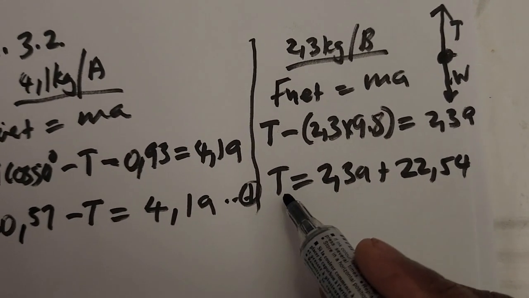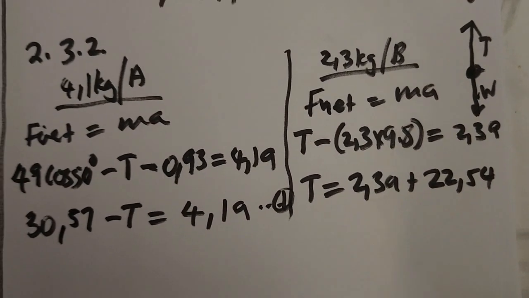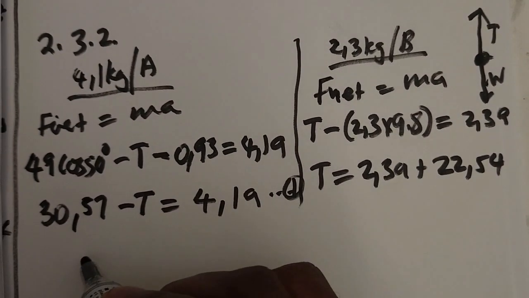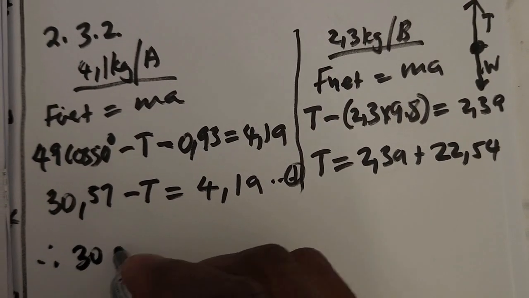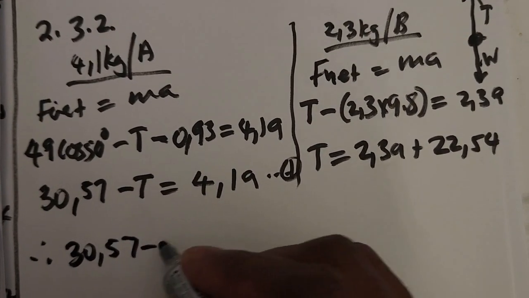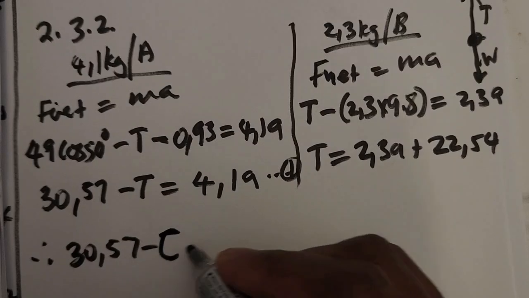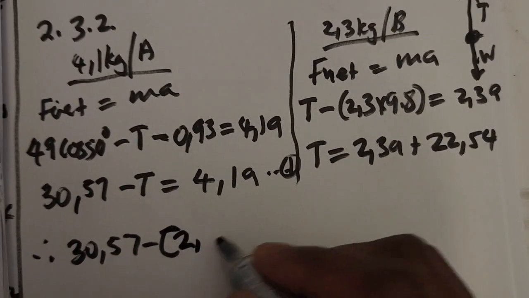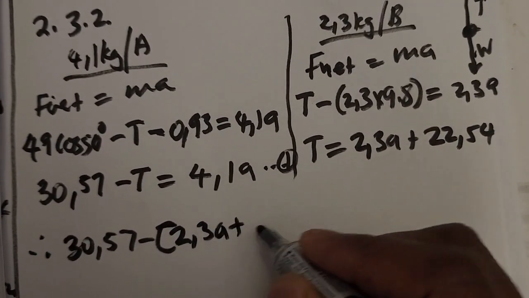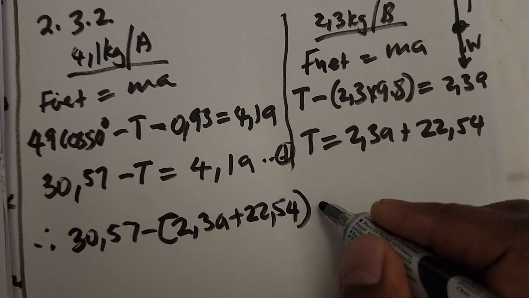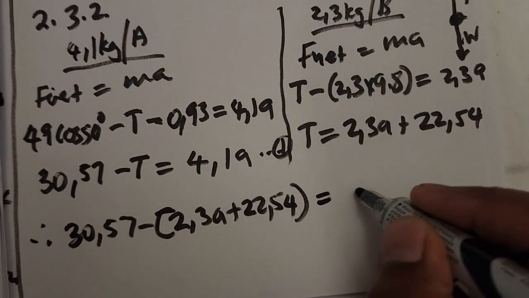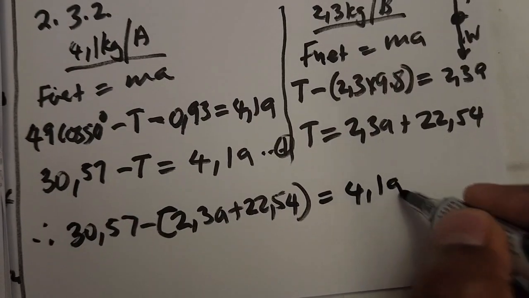Now I can take the tension, put it here, and then find the value of a. Yes, then this will be therefore 30.57 minus the tension, inside of the tension I put 2.3a plus 22.54, and then equals to 4.1a.